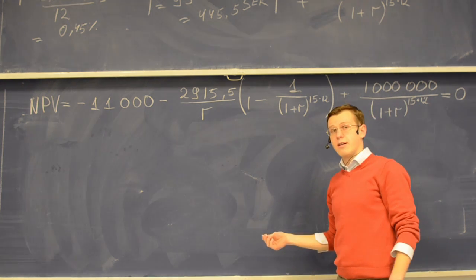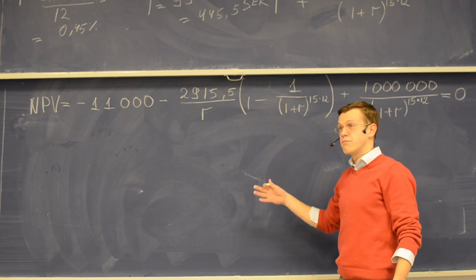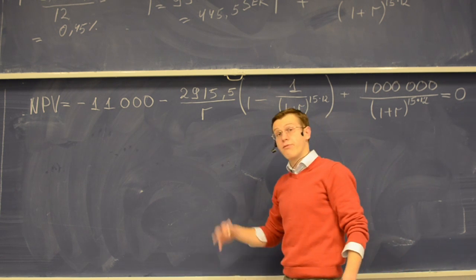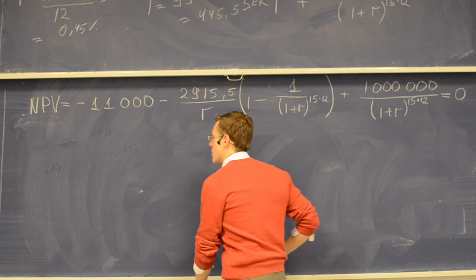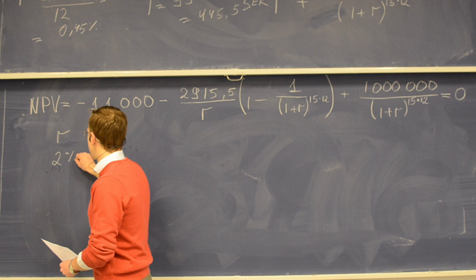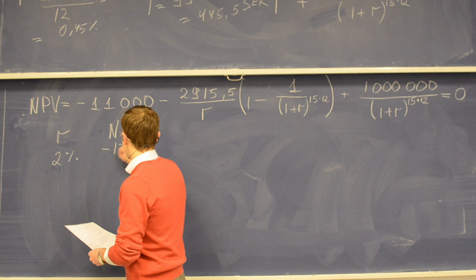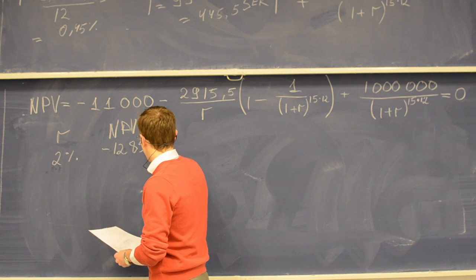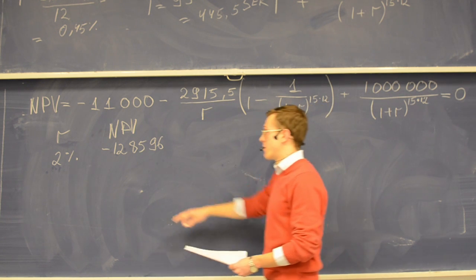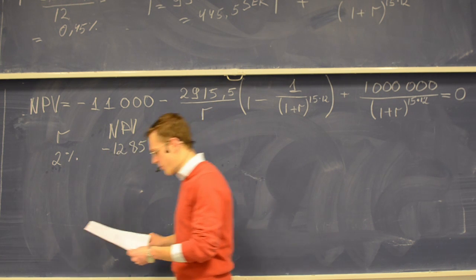You can do all your calculations by yourself. I will just show a small table of different guesses and what the NPV was, and then reflect a little bit on this. If you plug in the rate of return equal to 2%, you get an NPV on the level of minus 12.85.96, which means that this is too high a rate, so you need to lower it because you want it to be closer to 0.